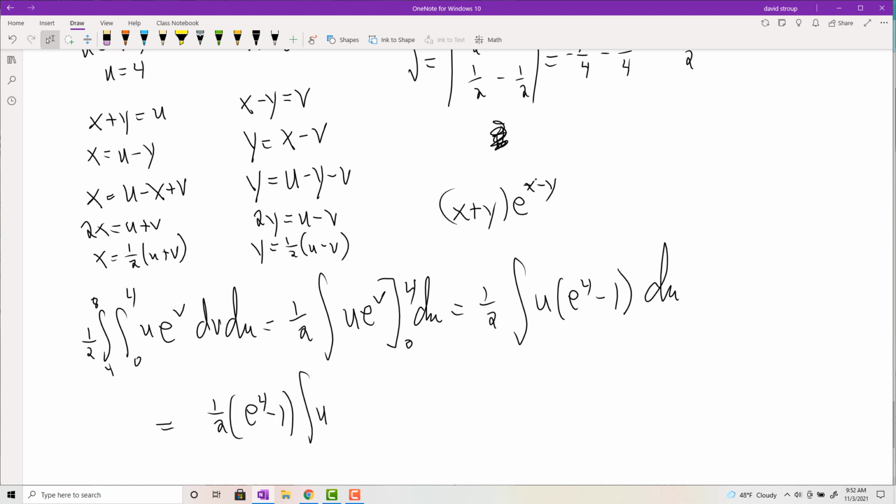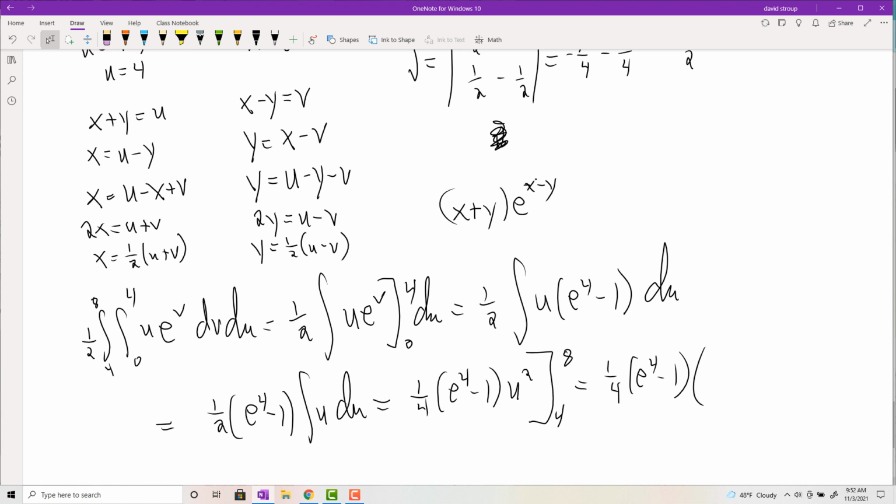You get the integral of u du. So that'll be 1/4 times e to the 4th minus 1 times u squared from 4 to 8. And then that'll be 1/4 times e to the 4th minus 1 times 64 minus 16, whatever the heck that is.